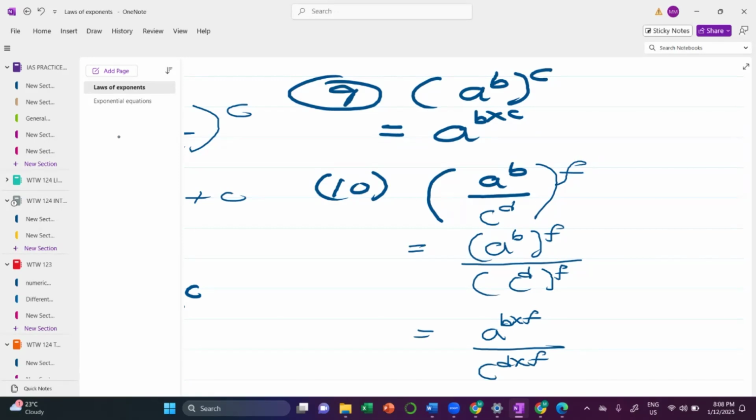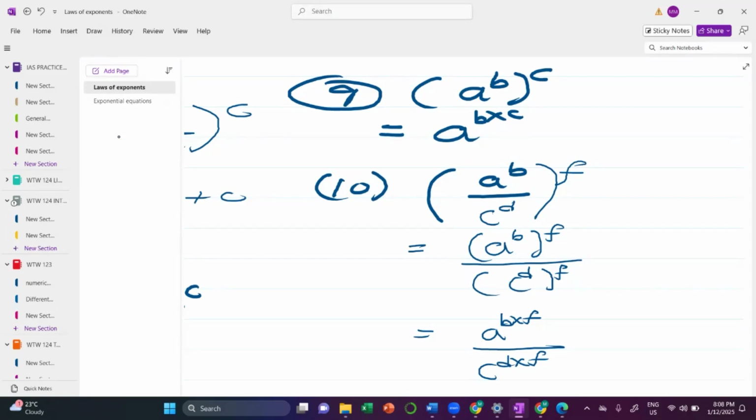This all comes from law number 9, whereby we had a number raised to a certain exponent, all raised to a certain other exponent. So even here we have a to the exponent of b, all raised to the exponent of f. So we keep the base, but we multiply the exponents.